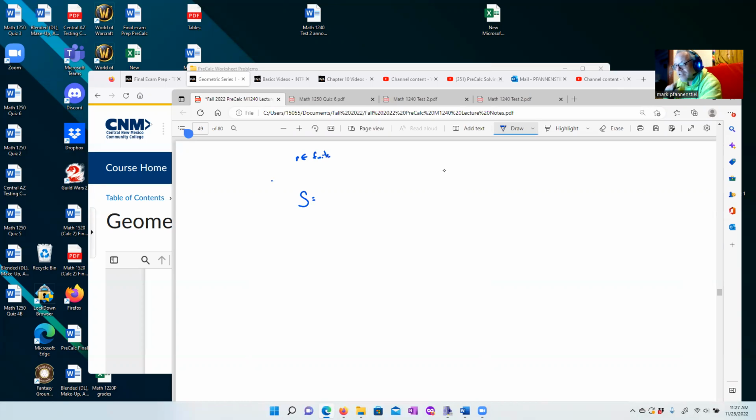When you're dealing with infinite series, you'll have more of this when you get to Calc 2 than now. But the problem with infinite series is, if it doesn't converge, then everything I'm going to do is complete nonsense. If I cap it and say we're only going to add up the first 500, that's going to be a value.